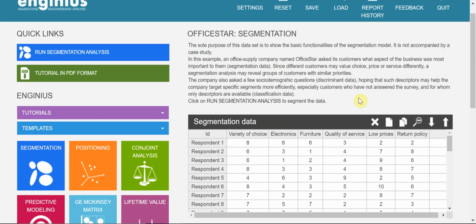For example, if you have the need for furniture in an office supply company, you need to answer this question, like how important furniture is for you. If I say yes, furniture is very, very important, like 7, then we can say that you have a need for furniture because you think that furniture is very important.